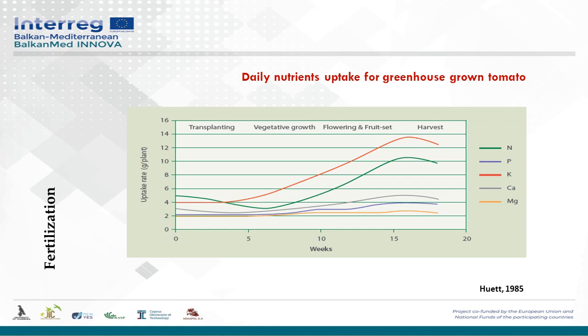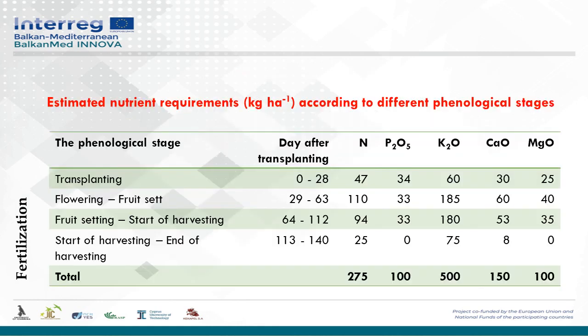But to be more concrete in numbers, let's see this table here, which also expresses nutrient requirements of a tomato crop in kilograms per hectare according to different phenological stages. And you can see how they change, gradually increasing from transplanting to flowering, fruit set, and reaching the maximum during the fruit setting and the start of harvesting. And this is true especially for nitrogen and potassium.